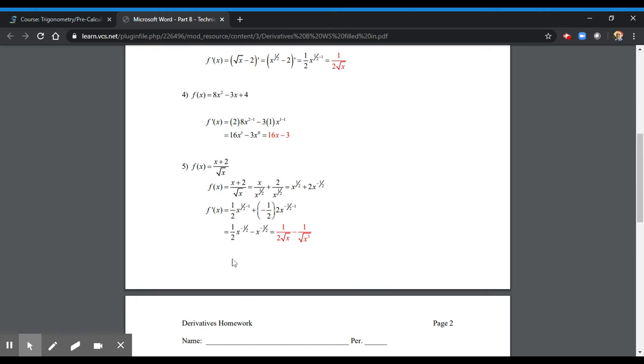Well, the 2's are going to cancel out here, and I'm going to be left with 1/2 x to the negative 1/2 minus, because of the negative here, x to the negative 3/2. And I could rewrite that as 1 over 2 times the square root of x minus 1 over the square root of x cubed.